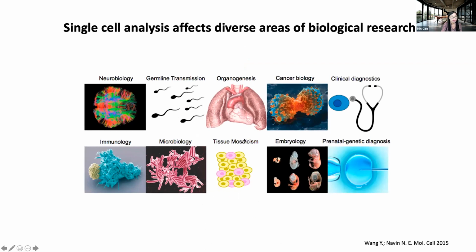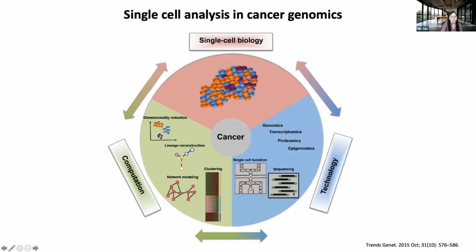Single cell research affects diverse areas, including neurobiology, cancer biology, immunology, microbiology, and some other areas. Single cell technology is popularly used in cancer genomics. We can use single cell technology to generate different data sets, such as genomics data, transcriptome data, proteomic data, or epigenomics data.